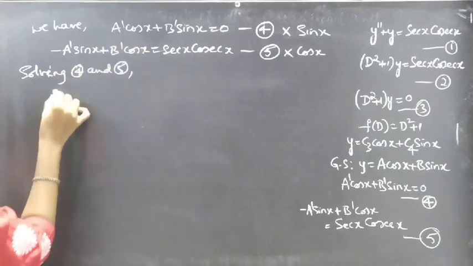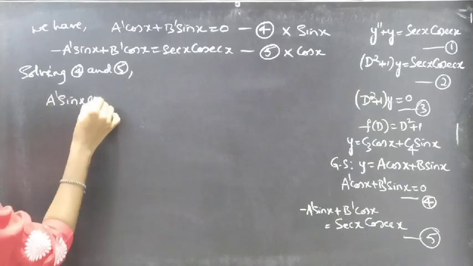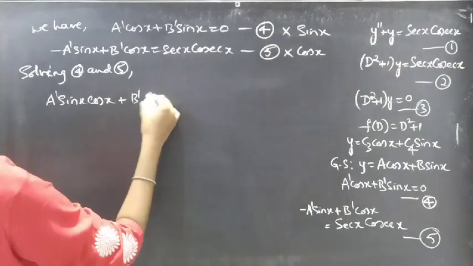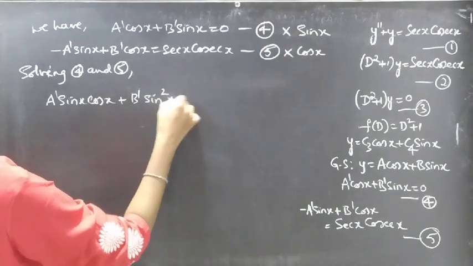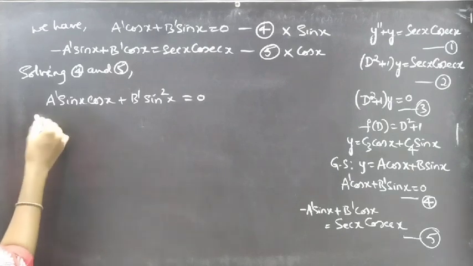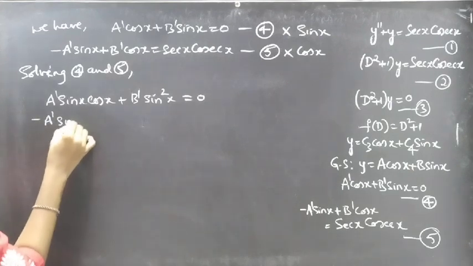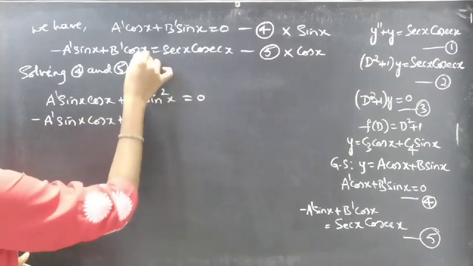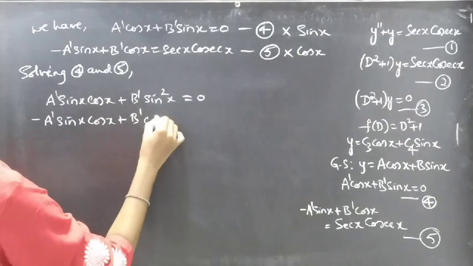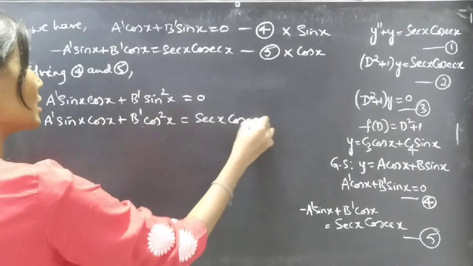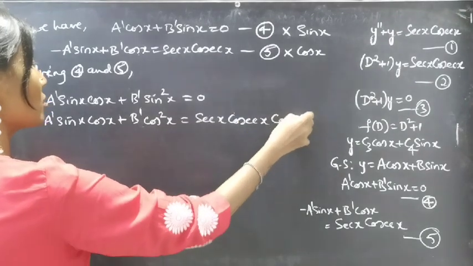a dash sin x cos x plus b dash sin x into sin x, that is sin square x, equals 0. Multiply equation 5 with cos x, we'll get minus a dash sin x cos x plus b dash cos x into cos x, that is cos square x, equal to secant x cosecant x cos x, right?